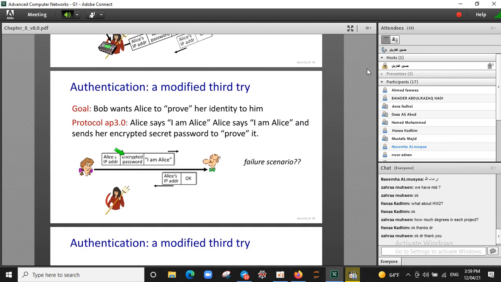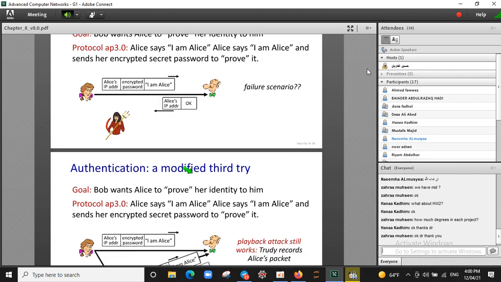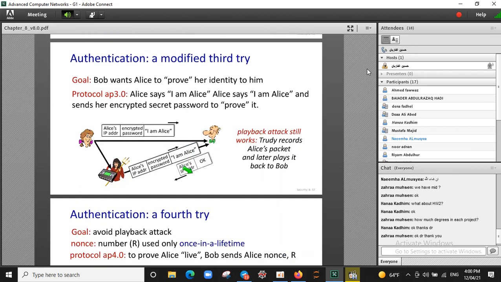So maybe someone says, okay, Alice can encrypt her message, her password, her secret key, and then she can send those messages to Bob, and Bob would answer to Alice. But it's not important. Even if you encrypt your password, nothing will be changed.